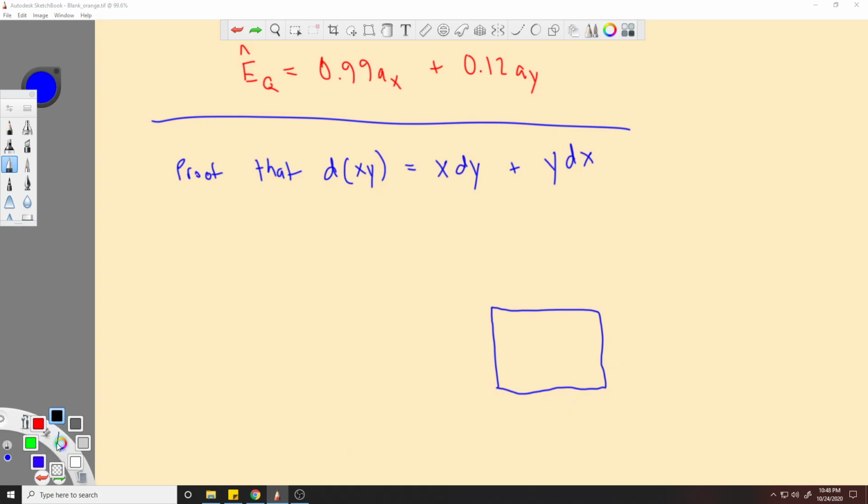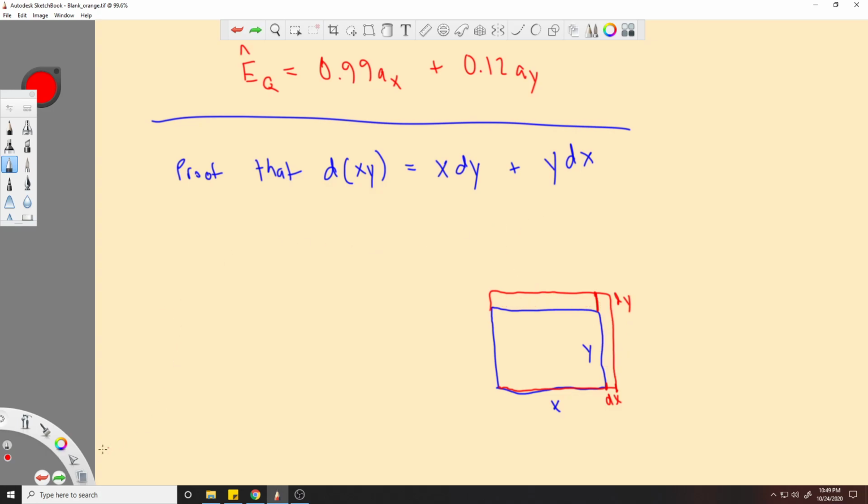And then you have a bigger square. So in this blue, you have x and you have y, right? Now in this little piece right here, from here to here, you have dx. And from here to here, you have dy, right? So what we need to find out is what this section of area is.